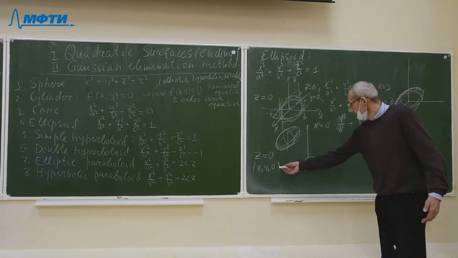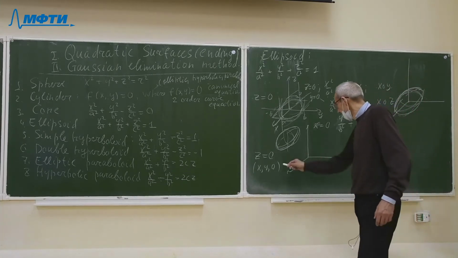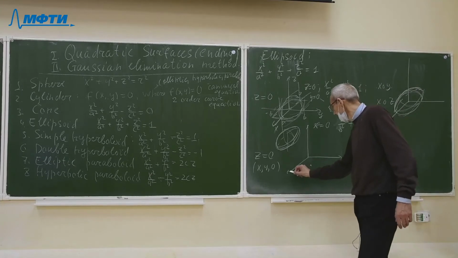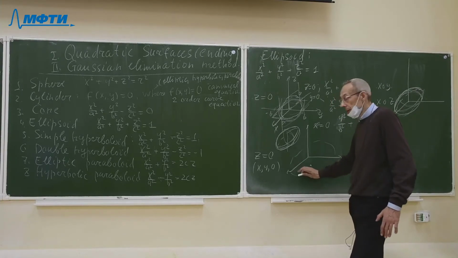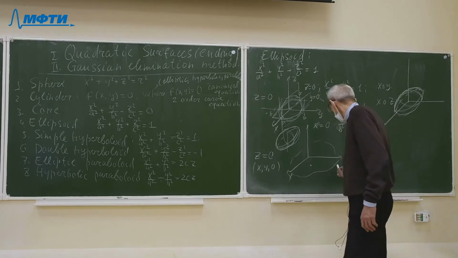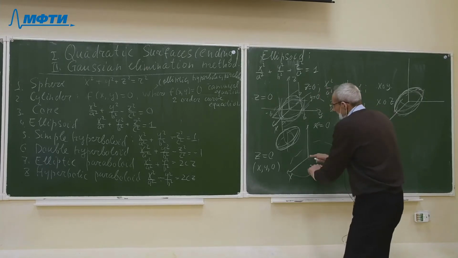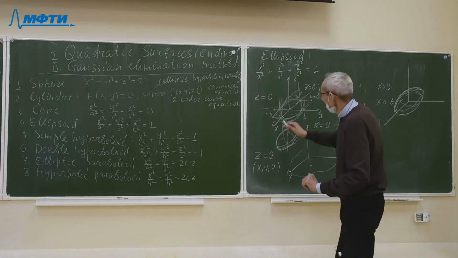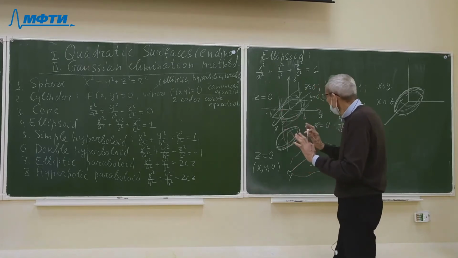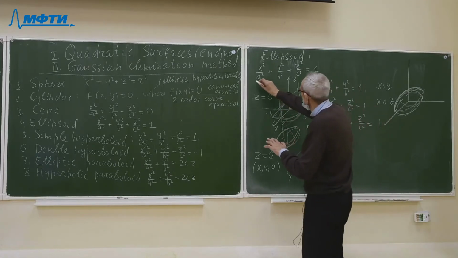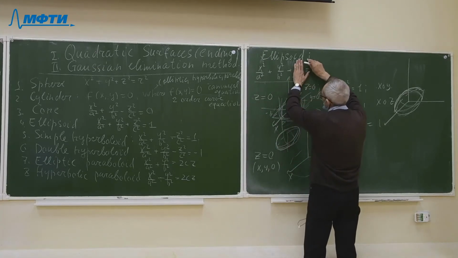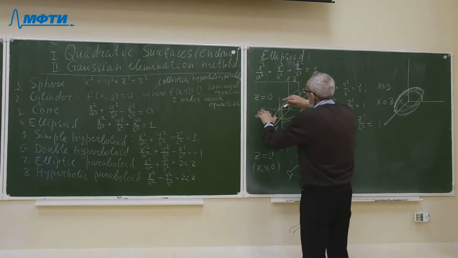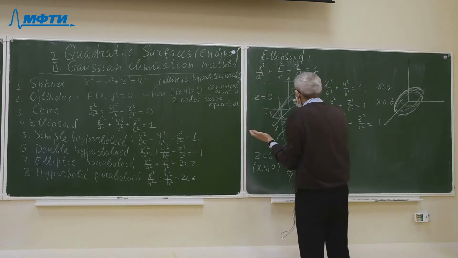Easy to see that we obtain a point which lies on this coordinate plane x o y. And it's an ellipse, right? Yeah, we obtain the ellipse. In this equation, we put this coordinate equal to 0.